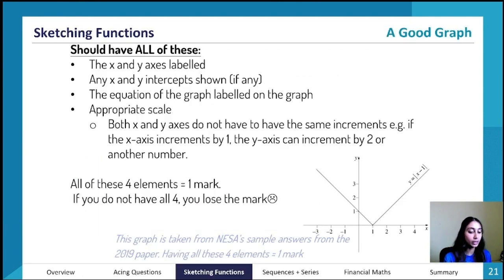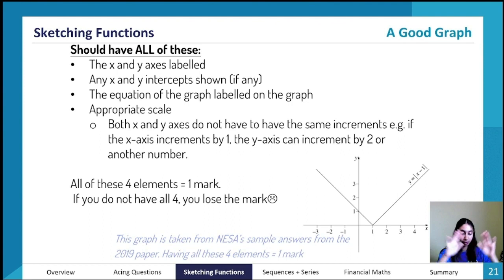Okay, so what is necessary to have in any graph? Let's say we have a 5-mark question, and 1 mark will be allocated towards just the actual presentation of the graph. By that, I don't even mean the shape of the curve or anything. I'm talking about the requirements.